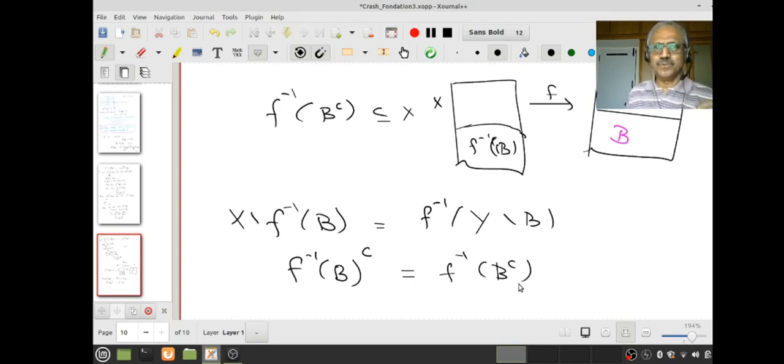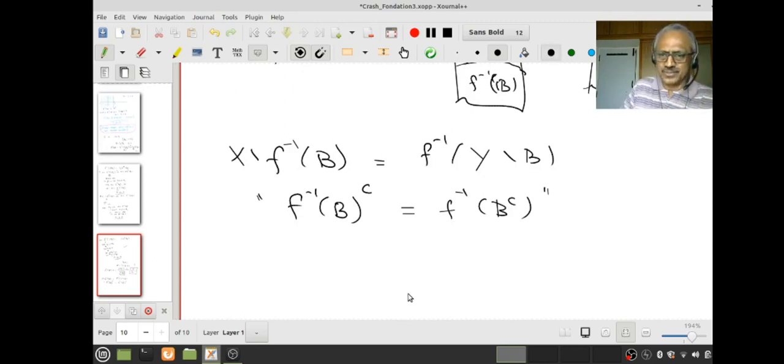Inverse images behave well with respect to complements. Do you understand this? This is f inverse of B. Therefore, what I want to claim is this is f inverse of B complement, which is equal to f inverse of this object. You follow that?